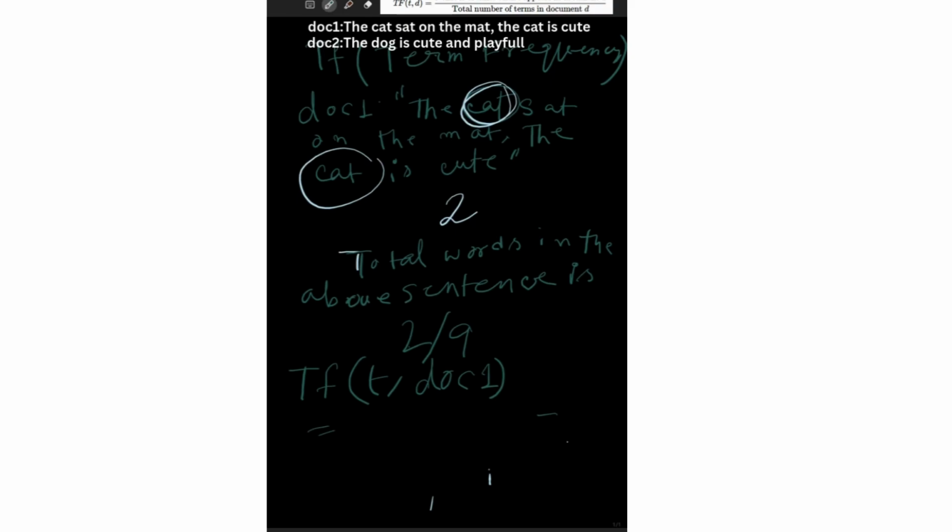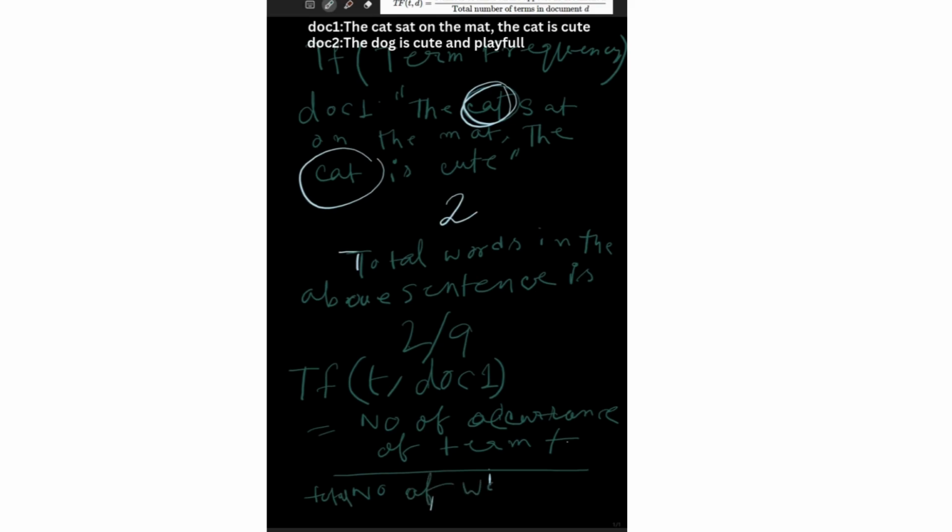Based on that, Tf(t, d) equals the number of occurrences of term t divided by the total number of words in the document. So this is our term frequency. You can write it down in your notebook.